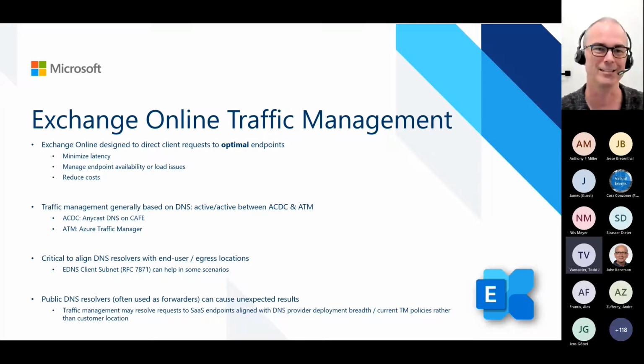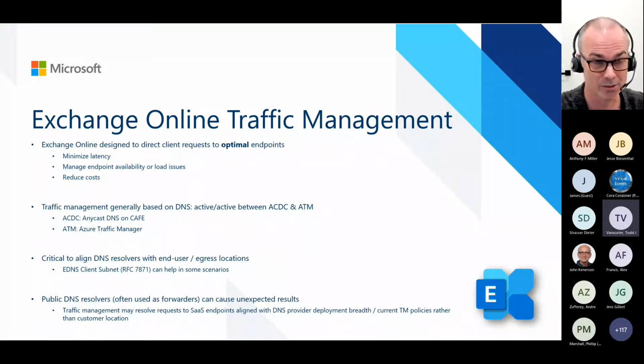Apologies to those of you who were commenting in chat that I didn't define that acronym. That's close to your DNS infrastructure, not close to the end user. And that's going to add a whole bunch of latency, and the end user is going to experience a whole bunch of pain as a result. So having DNS infrastructure that's at least regionally close to your end users, and really more specifically to where their traffic is hitting the internet, is really critical for traffic management.